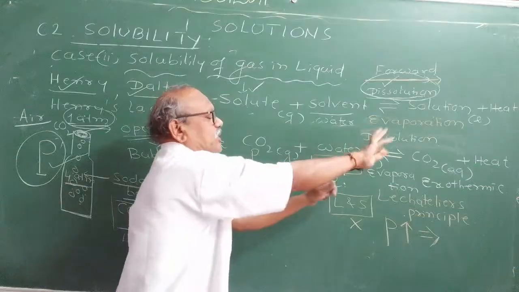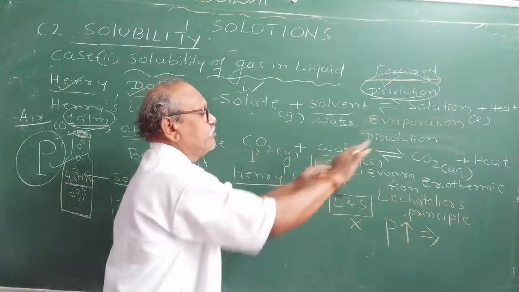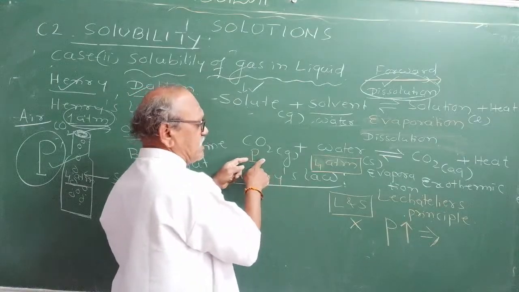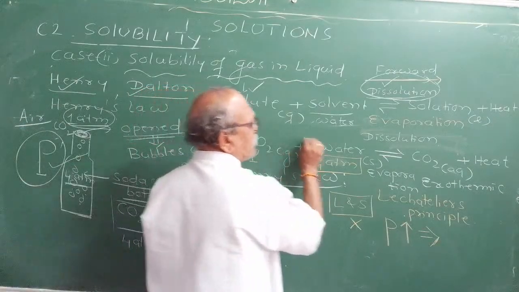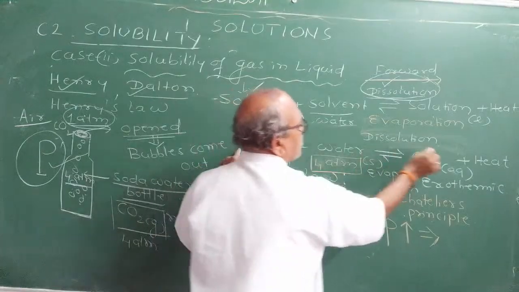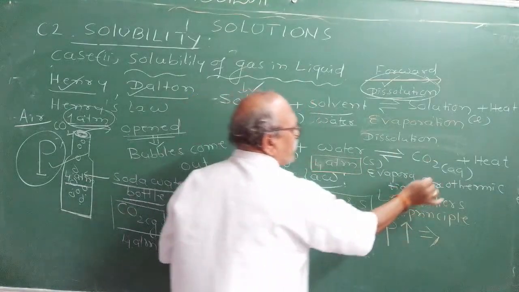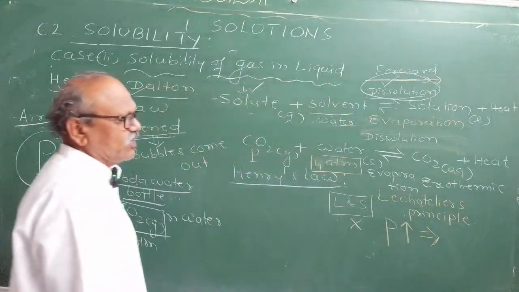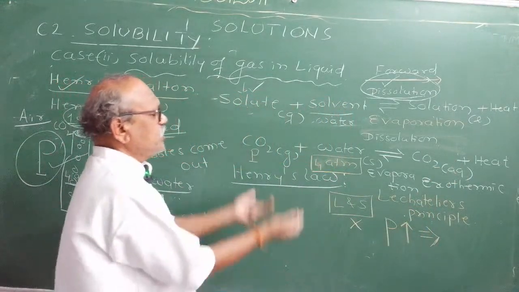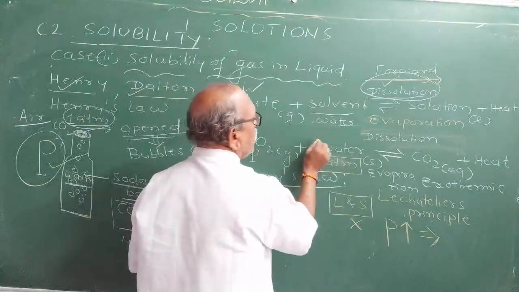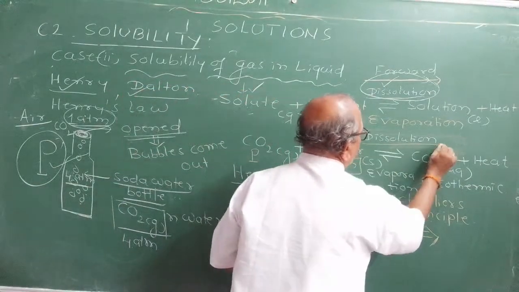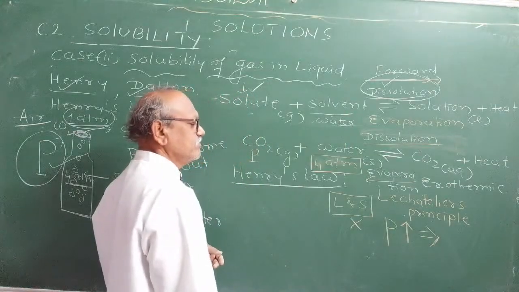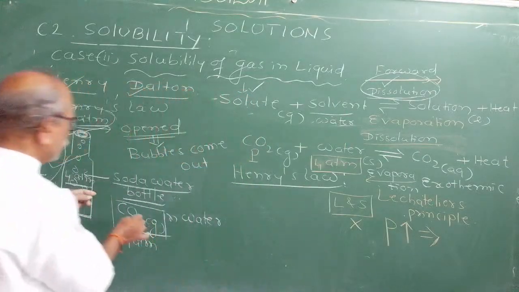When you increase the pressure, the number of gaseous molecules in the forward reaction, what happens there? No, there are no gases. In the forward reaction, there is only dissolved carbon dioxide in the aqueous state. As the pressure is increased, what do you think? Does dissolution take place or evaporation take place? Are you getting me? The same case you can take here.